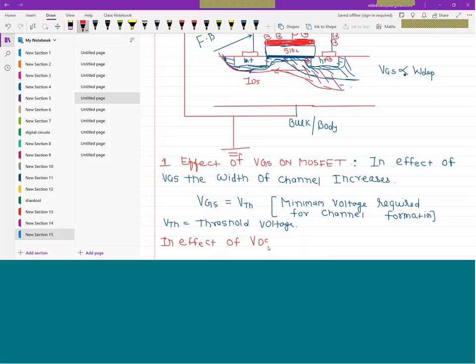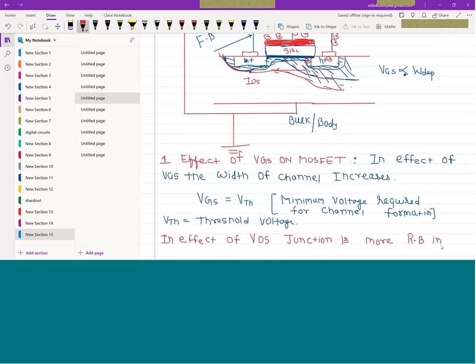What we can say is the junction is more reverse biased in the drain side.